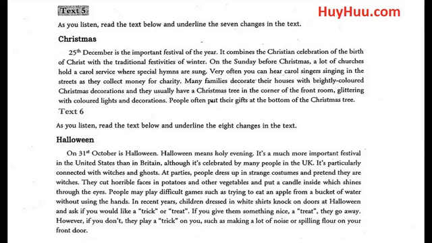People play difficult games such as trying to eat an apple from a bucket of water without using their hands. In recent years, children dressed in white sheets knock on doors at Halloween and ask if you would like a trick or treat. If you give them something nice, a treat, they go away. If you don't, they play a trick on you, such as making a lot of noise or spilling flour on your front doorstep.